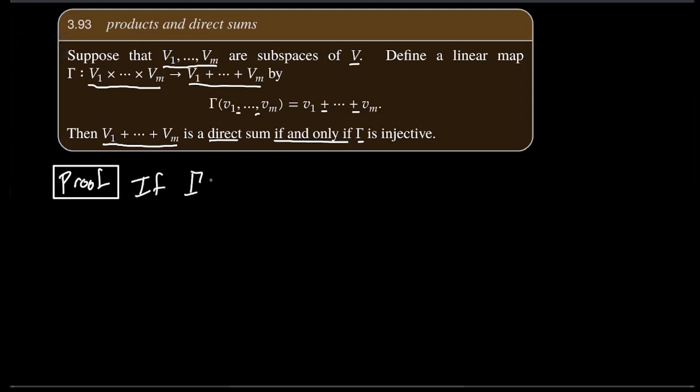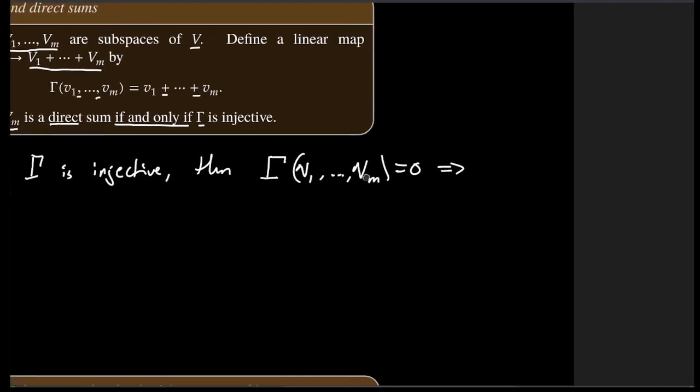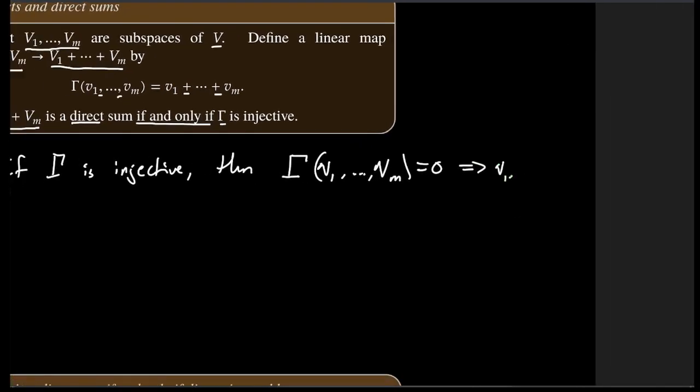If gamma is injective, then if gamma of V1 through Vm is equal to 0, this implies, I'll just write it in the short form, that V1 through Vm is equal to 0, since sending 0 through there gives you 0.